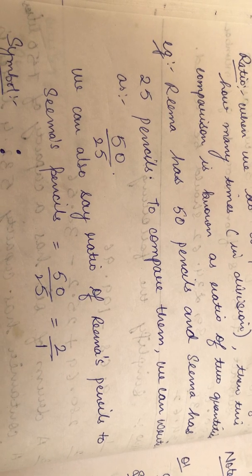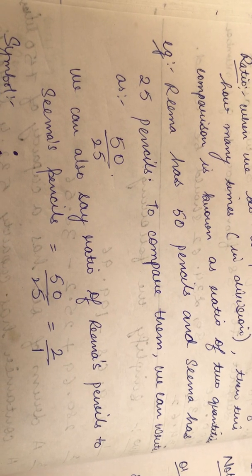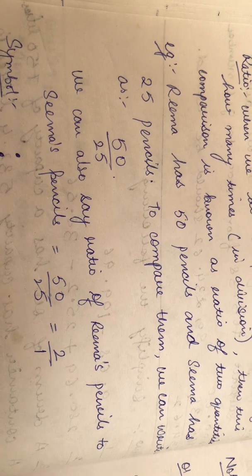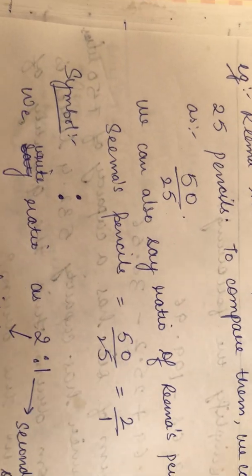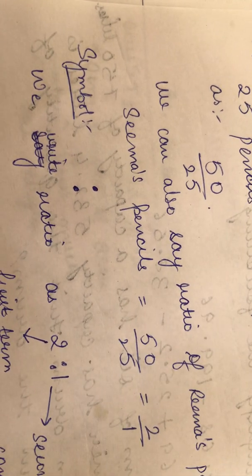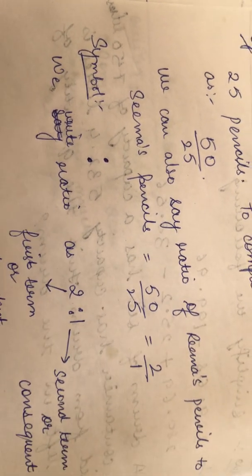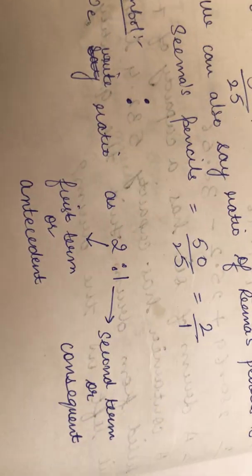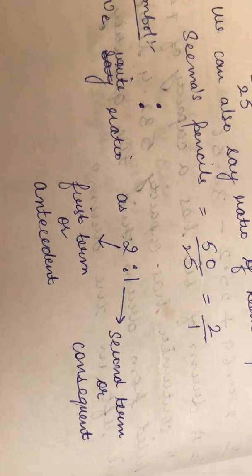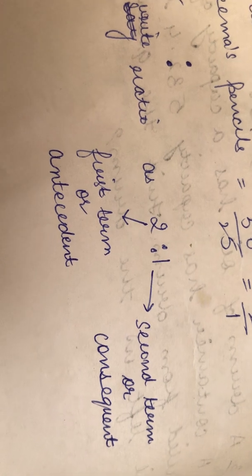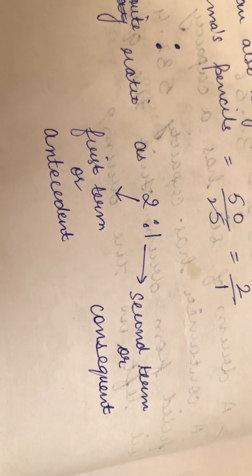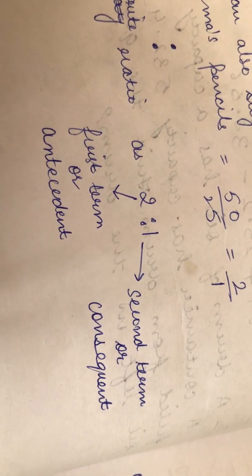So we can also say the ratio of Rima's pencils to Seema's pencils is 50 upon 25, and when you write it in the simplest form, it will be 2 ratio 1. 2 by 1, or you say it 2 ratio 1, and the symbol that we use for ratio is like this, 2 dots. So we write 2 ratio 1 like this. 2 is the first term, or we call it the antecedent, and 1 is the second term, or we call it the consequent.